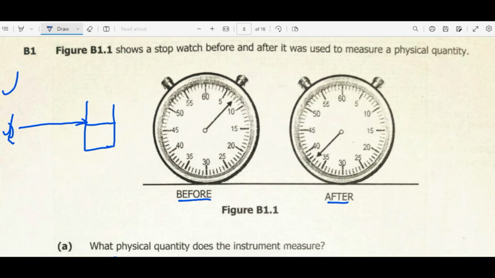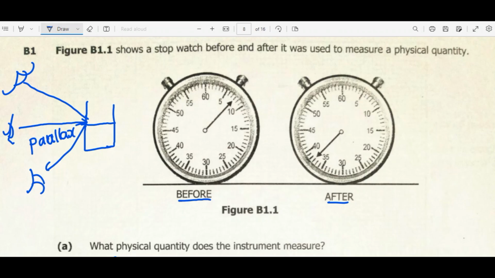Now what happens if the observer is observing from this angle, or sometimes from this angle? So this type of error is what we call the parallax error. So the parallax error is the type of error where the observer is at a wrong observation angle. Because of that, that person is likely to get the wrong readings.